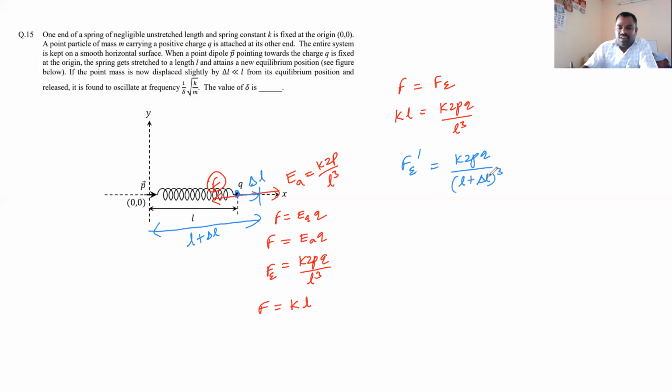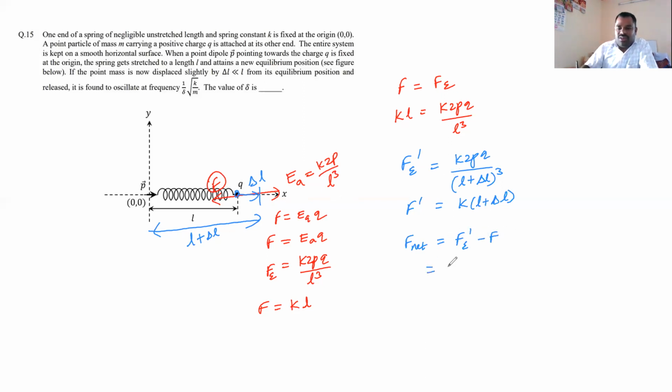The elastic force is k into (L plus delta L). Now it is not in equilibrium since it is displaced, so a net force acts. That net force is the electrostatic force minus the stretching force, which is the elastic force.